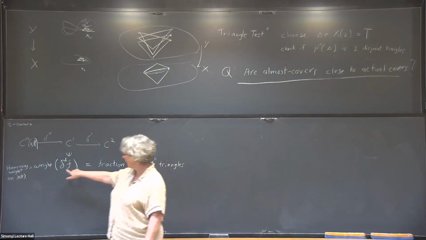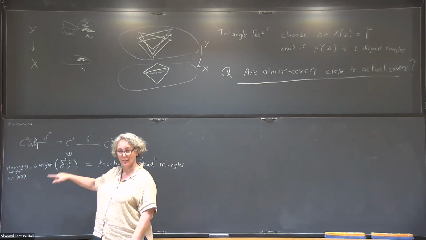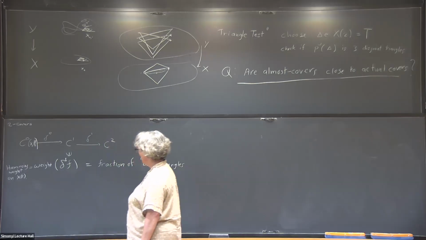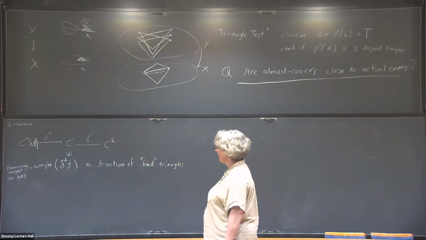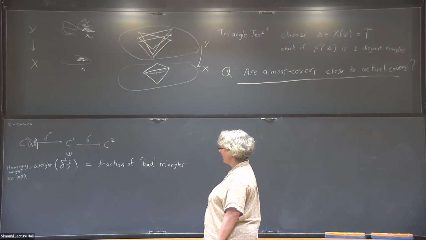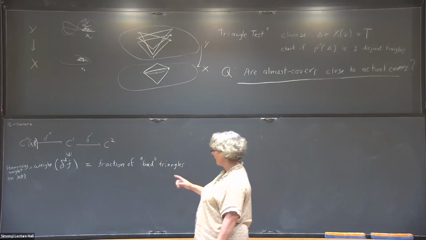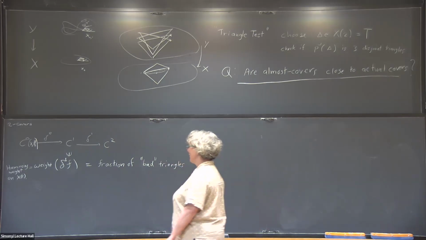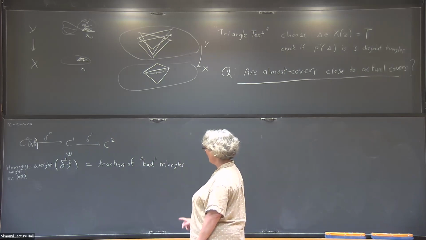I mean, this is actually Hamming weight on triangles, so it's not. Okay, yeah, let's get back to that question after the break, and I'll have a minute to think about it.